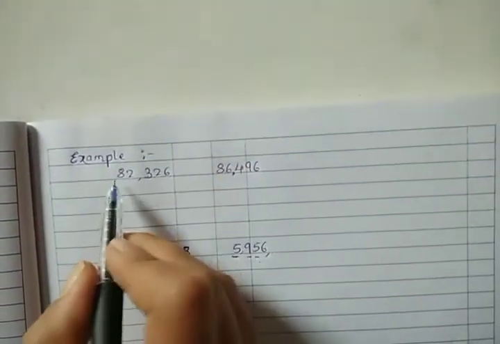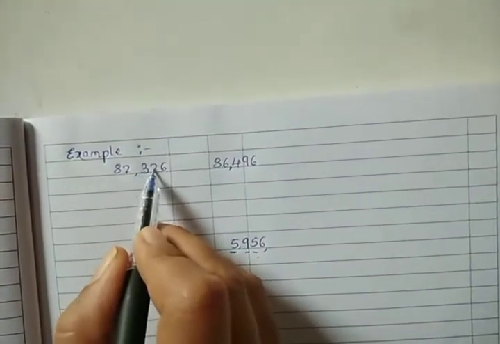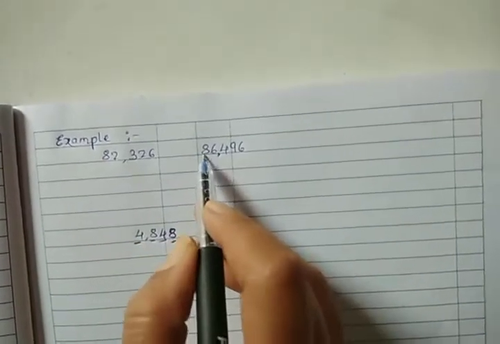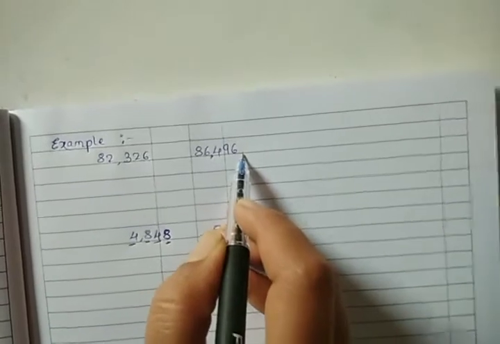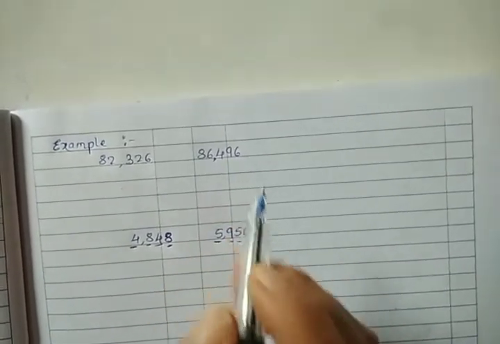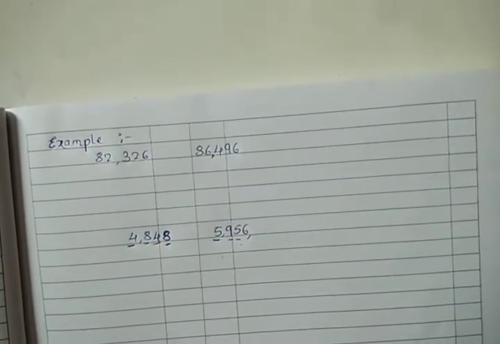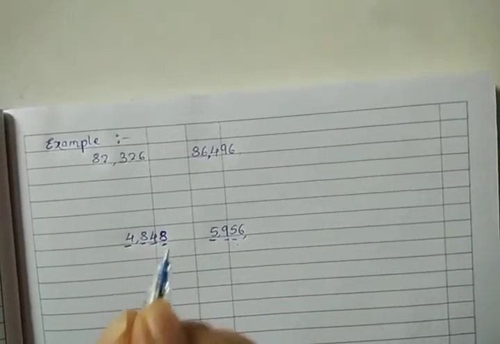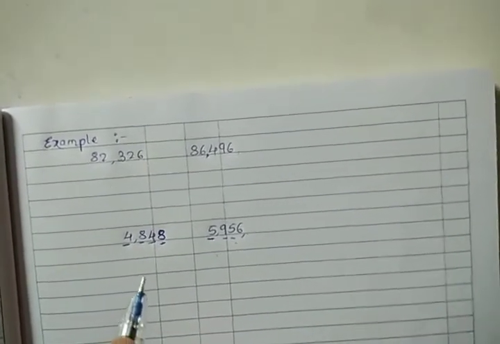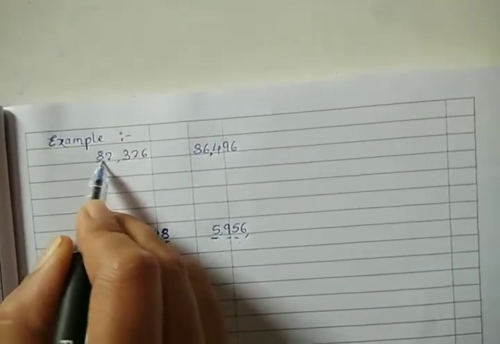Okay, see, this is 82,326 and this is 86,496. Here in the 5-digit numbers, which numbers do we need to compare first? We need to compare the number which is in the 10,000 place. Which number is in the 10,000 place here? 8.